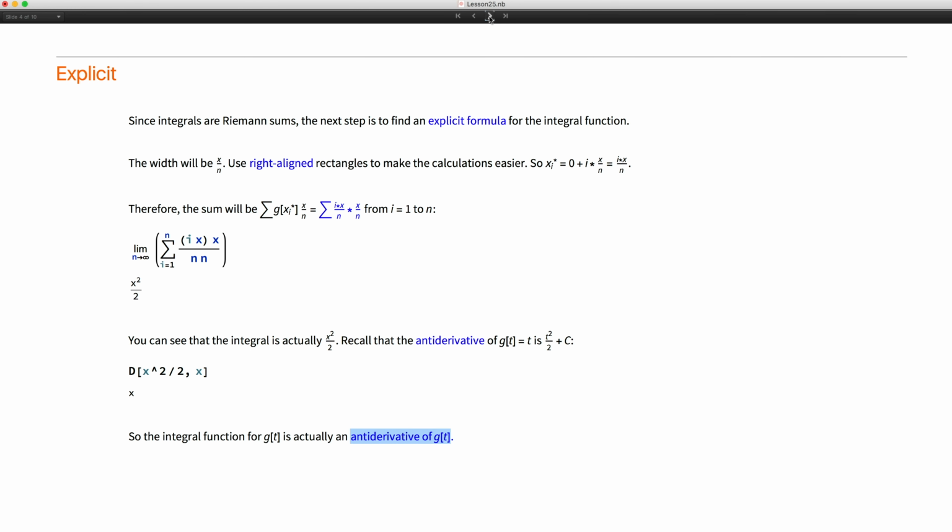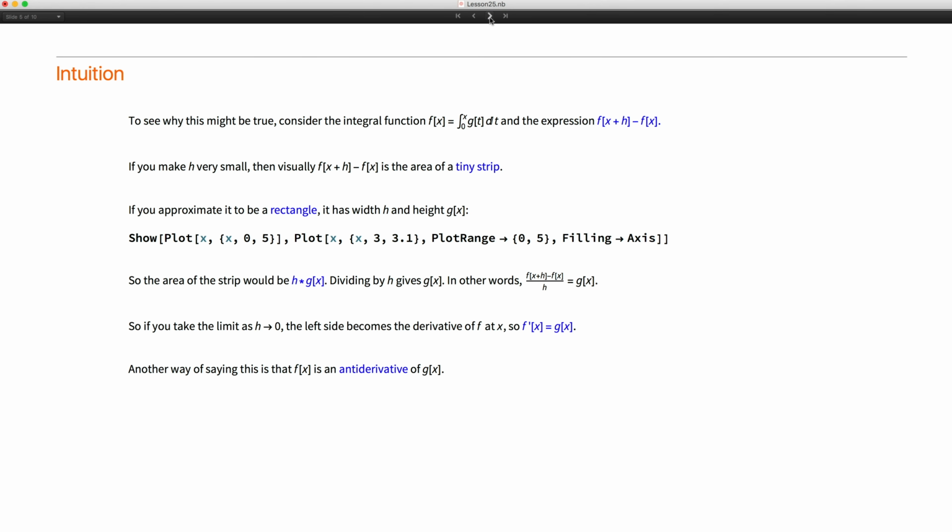So what we do is we try and go a bit deeper and develop some intuition for why that might be the case. So let's begin over here with the integral function again and think of the difference at 2 points, f of x plus h and f of x, two close by points with h being very small.